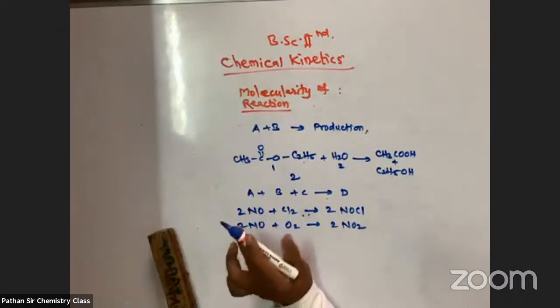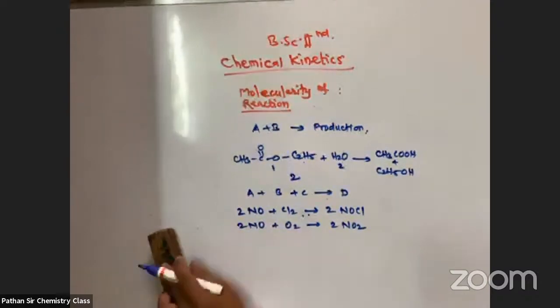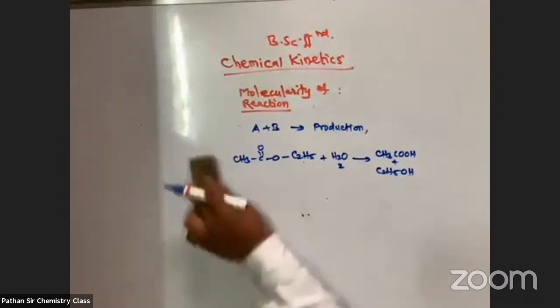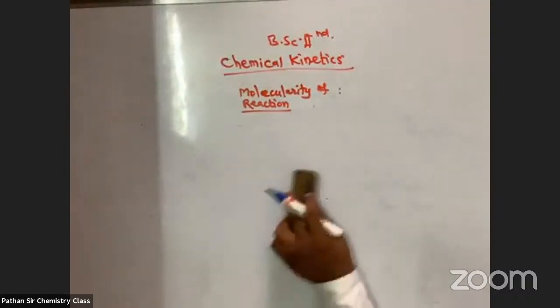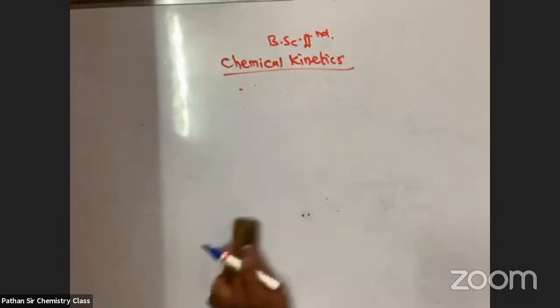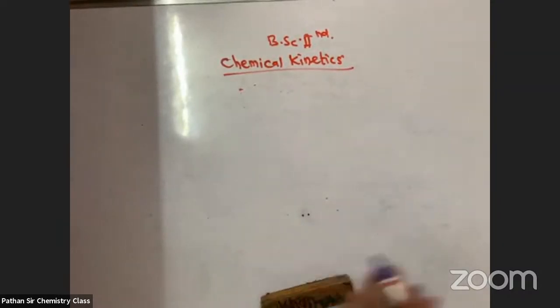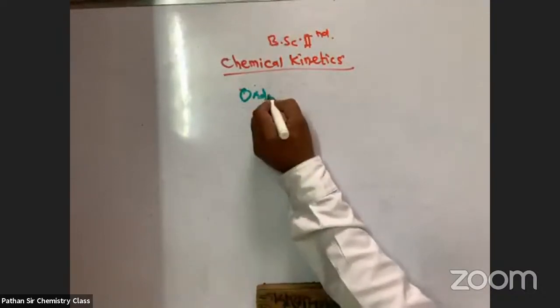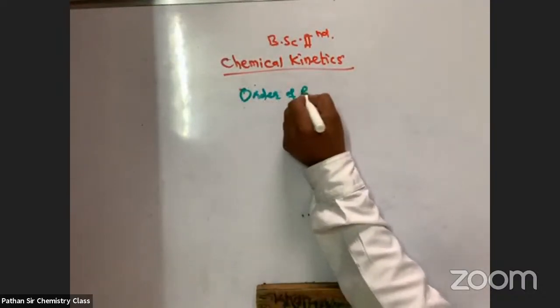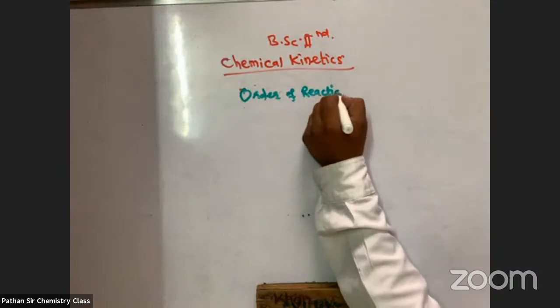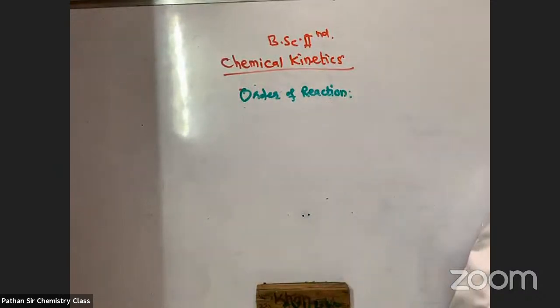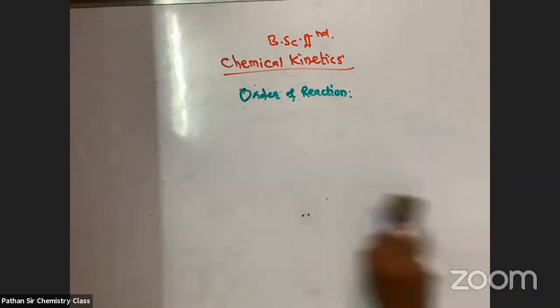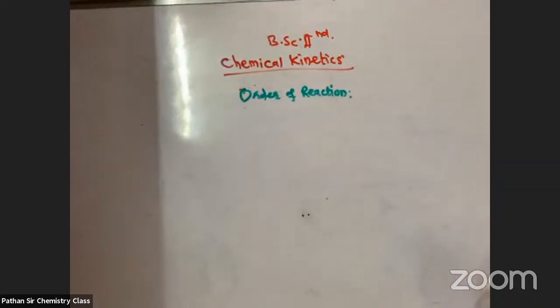Okay, so we have studied in brief unimolecular reaction, bimolecular reaction, and trimolecular reaction. Let us go for the next point, that is called order of reaction. Order of reaction can be obtained from rate law.